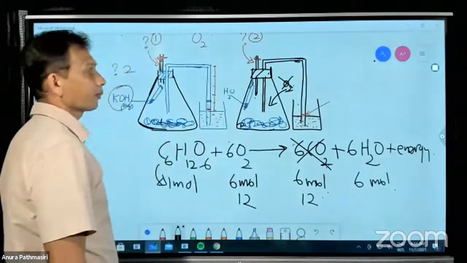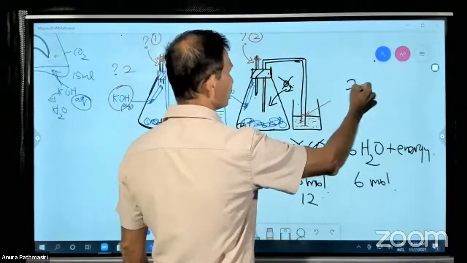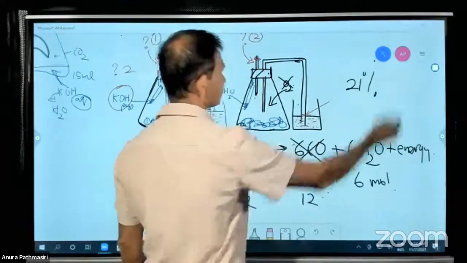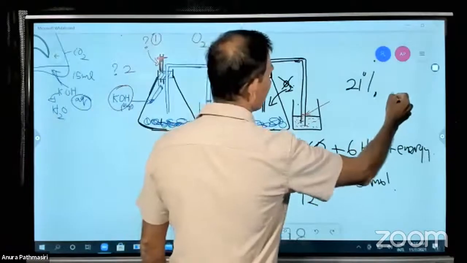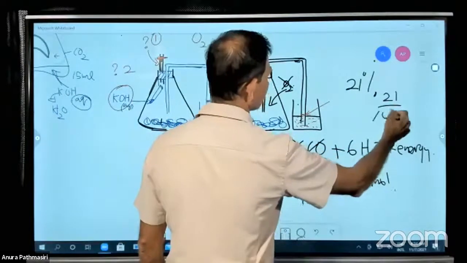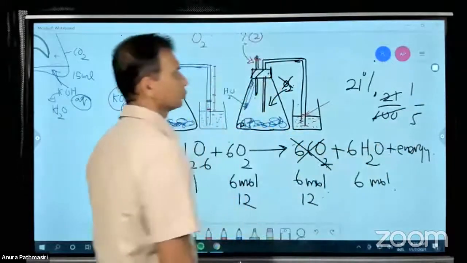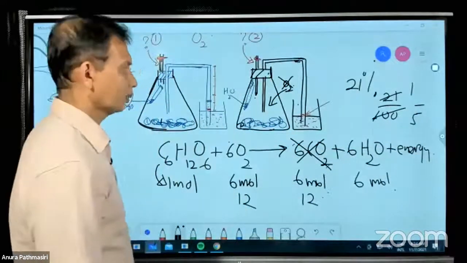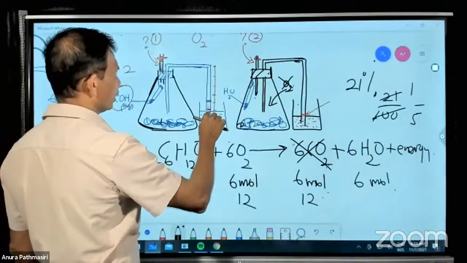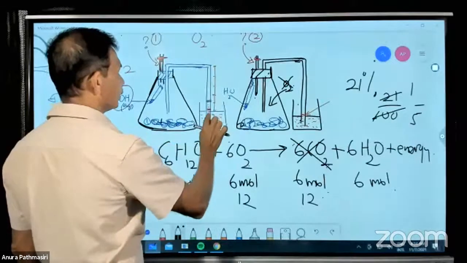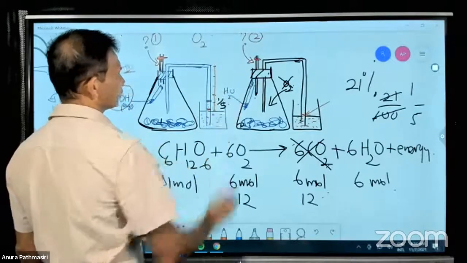So the volume of oxygen in the atmosphere is 21%. 21% means roughly 20 upon 100. It's like 1 upon 5. So if you consider the total height is 5, the water column moves upward by 1 upon 5.